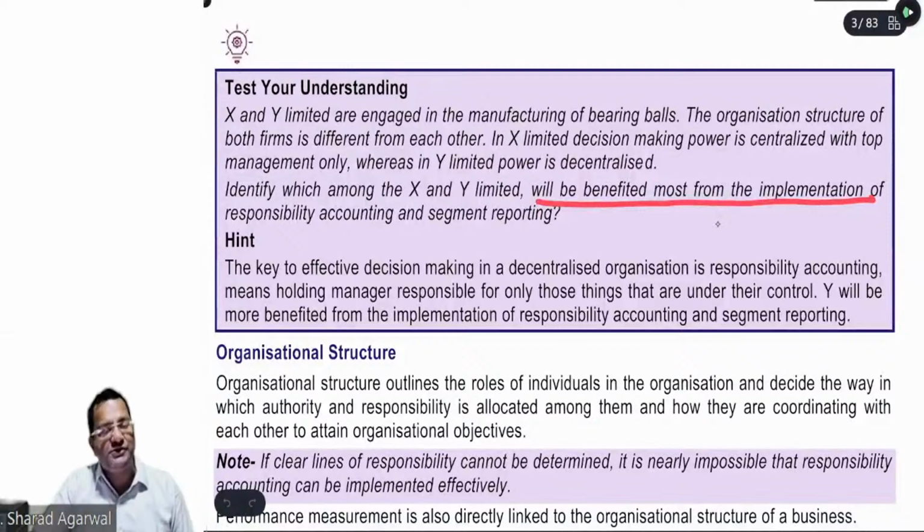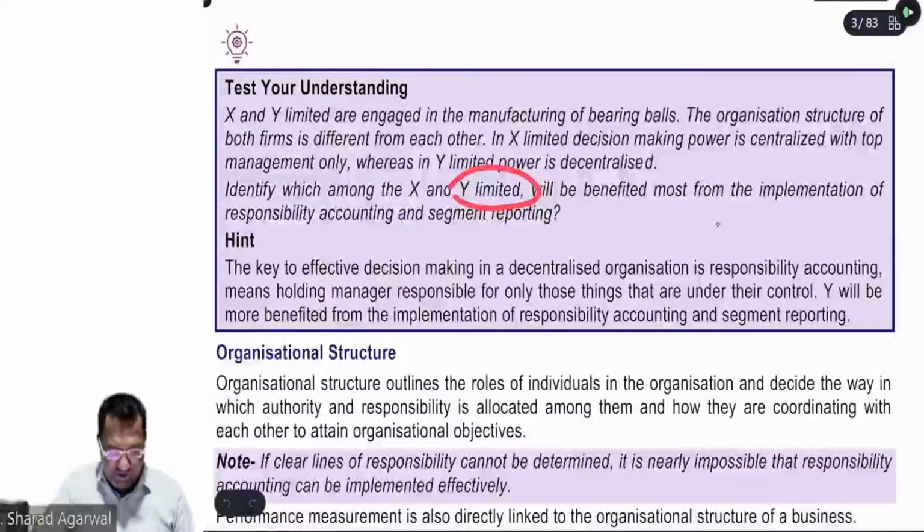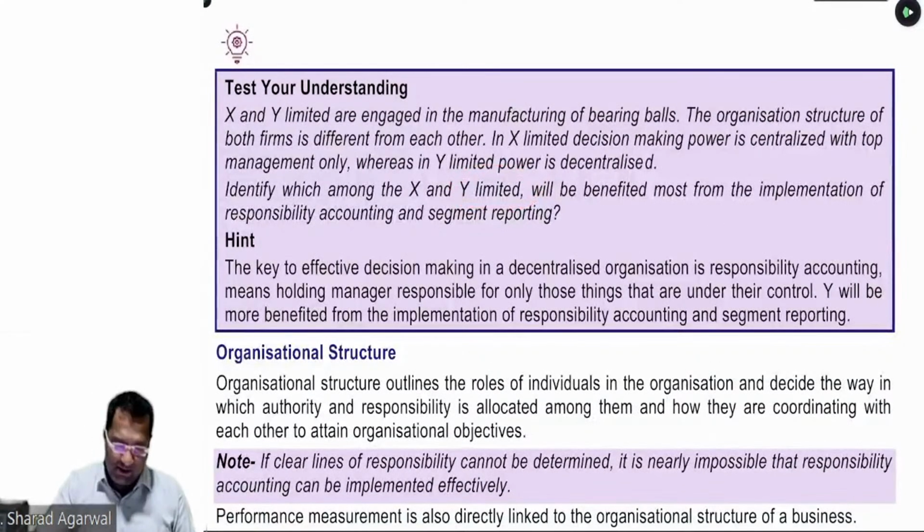So how can we judge a departmental manager who has no authority at all? So in X Limited, the concept of segment reporting or responsibility accounting will not work since it is a centralized decision-making environment. Okay beta, now let's come to the next concept related to this, the organizational structure.